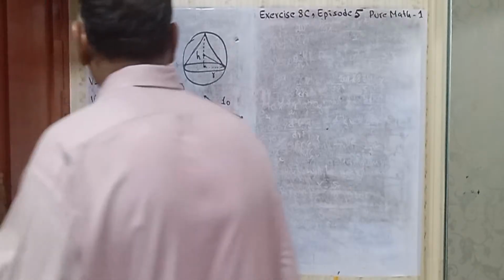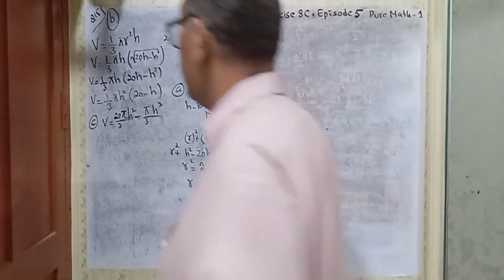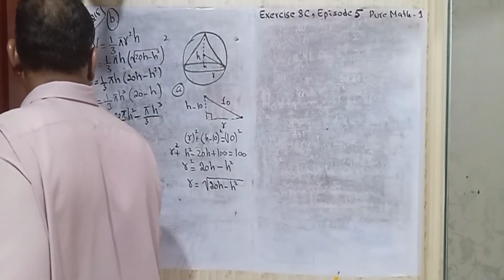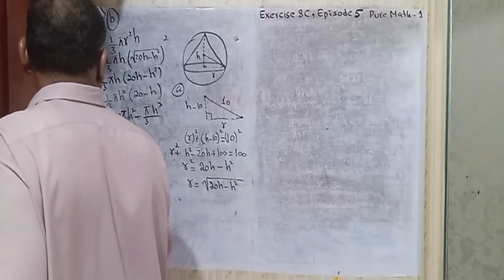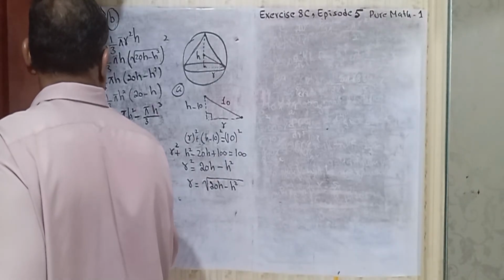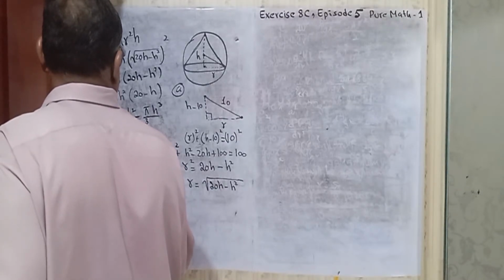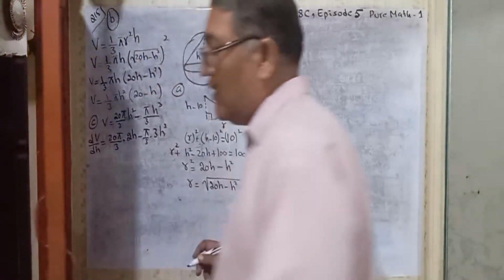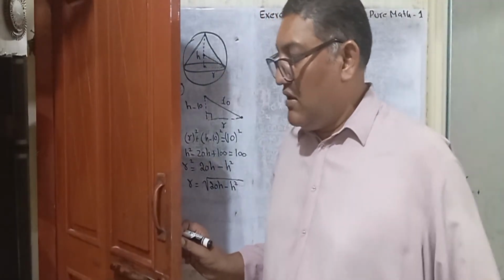I will differentiate it. So dV by dh will be equal to 20 pi by 3 into 2 into h minus pi by 3 into 3 into h square. This is how you differentiate it.